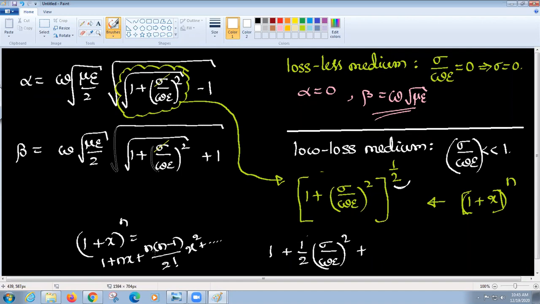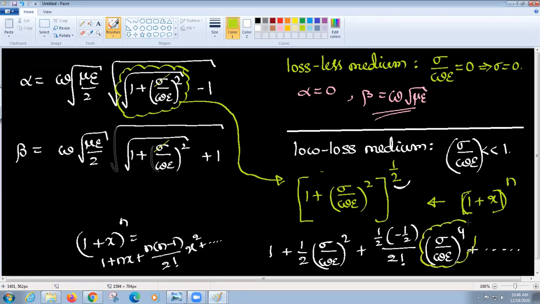So you get half into minus half by 2 factorial x squared, which gives sigma by omega epsilon power 4, and so on. Agree? Already this quantity is far less than 1 and you are taking a further square, so you get something even smaller. So this component is very, very small, tiny.